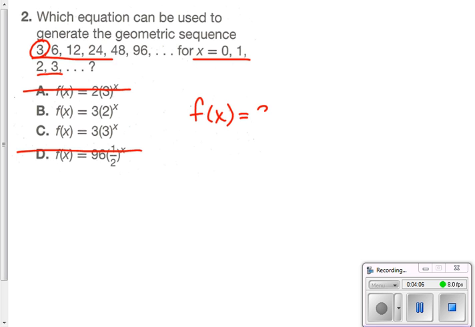So we'd have 3, that would be our a term. Our b term is that common difference. So that's found by multiplication with a geometric sequence. So how would we get from 3 to 6? Well, we would multiply by 2. 6 to 12, multiply by 2, multiply by 2. So you're multiplying by 2, so this would be our only option here, B, for our answer for the geometric sequence.